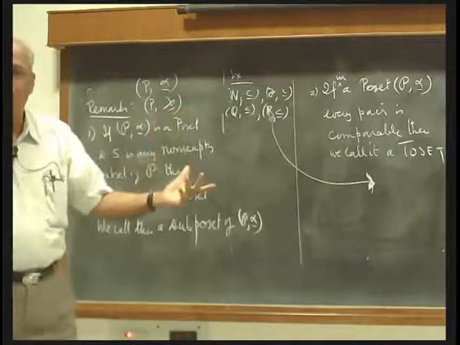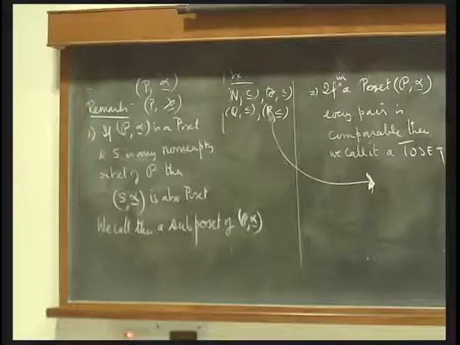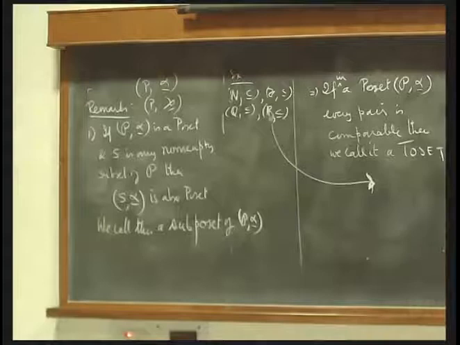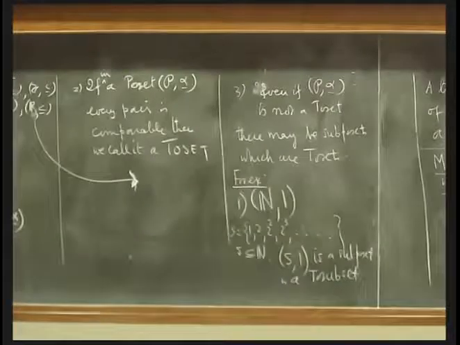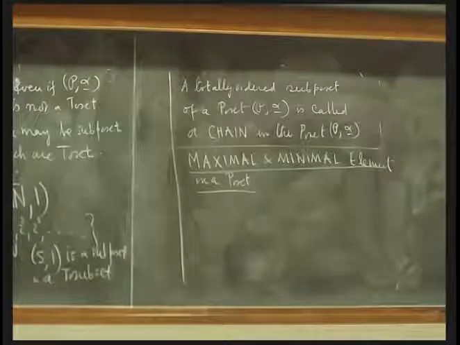So if I study maximality, I am also studying minimality. So I will really be worried about maximality. This has to be very carefully understood. Maximal is different from maximum. It should not be confused with the word maximum.